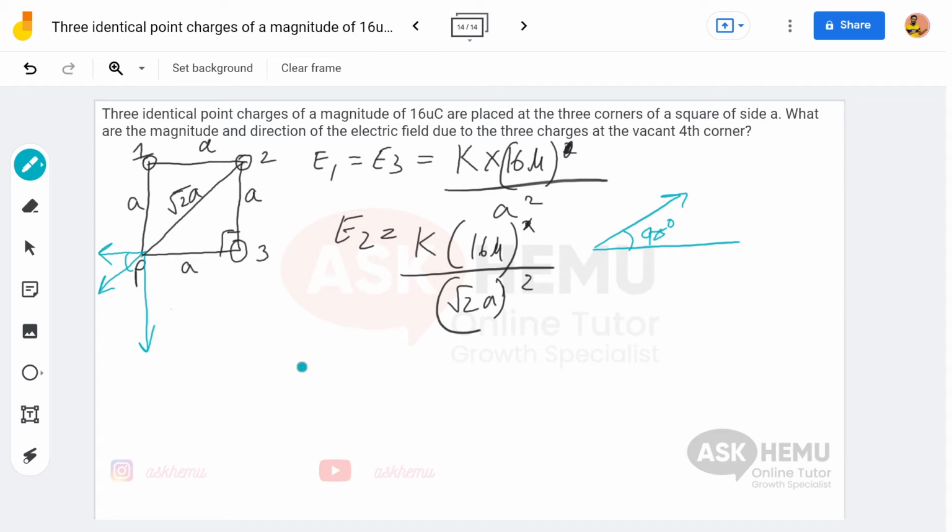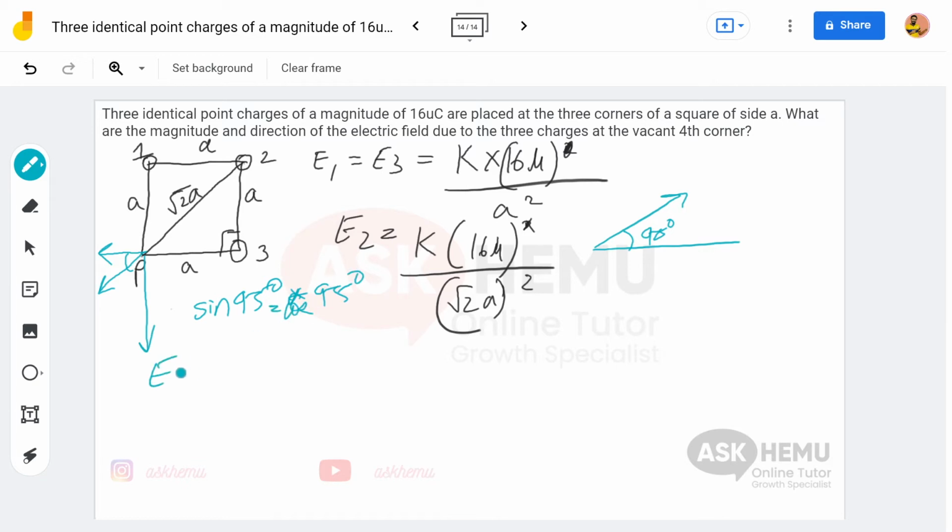So to find the resultant vector, it's very straightforward. I can find the resultant of the vectors E1 and E3, or I can split E2 into two components and go forward with it. Both approaches are welcome. Let's take the approach in which we split the vector E2 into two components. Since sine 45 degrees is equal to cos 45 degrees, which is 1 over root 2, I'll end up having another root 2 at the bottom.